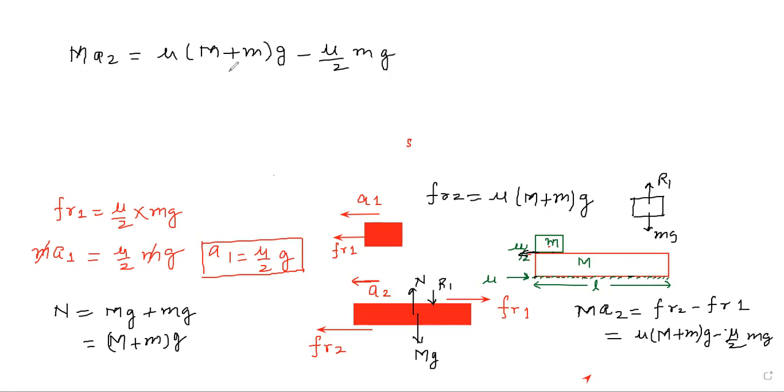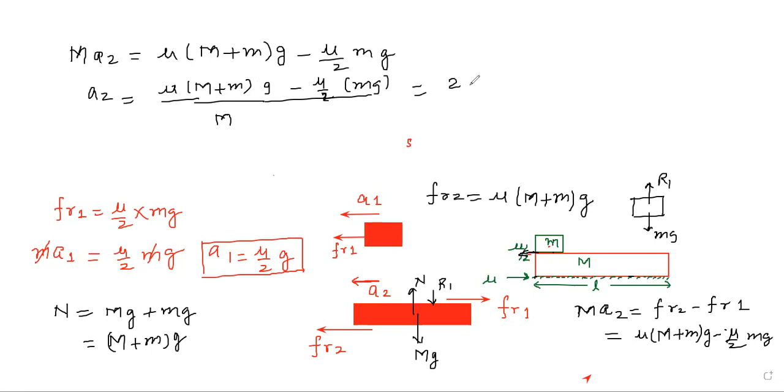We have to divide each term by capital M. So A2 will be equal to mu times capital M plus small m into g, minus mu by 2 small mg, whole divided by capital M. We can take the LCM, so this 2 will get multiplied to this term also. So 2 mu g times capital M plus small m minus mu small mg, divided by 2M.